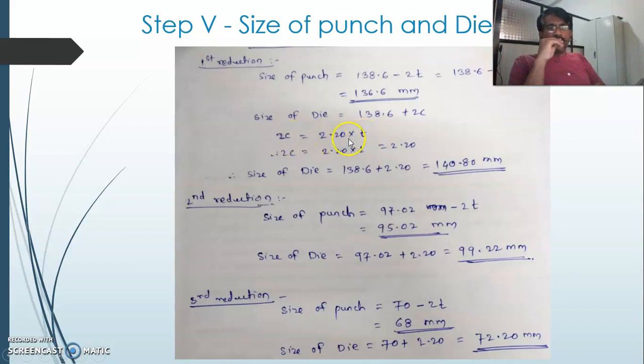So 2c value is 2.20 of the thickness, or the c value, as earlier said in the video, is 1.10 of the thickness, that means 2c becomes 2.20 of the thickness.